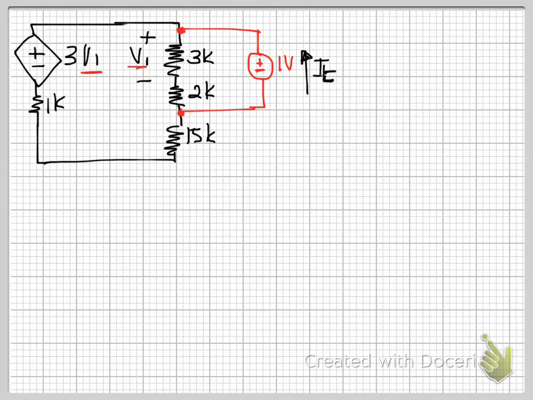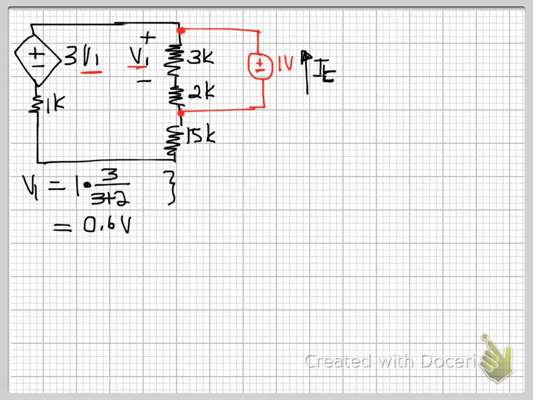Okay. So first of all, V1 is equal to 1 multiplied by 3 over 3 plus 2. This is simple voltage division, alright? This gives you a value of 0.6 volts. Pretty simple.